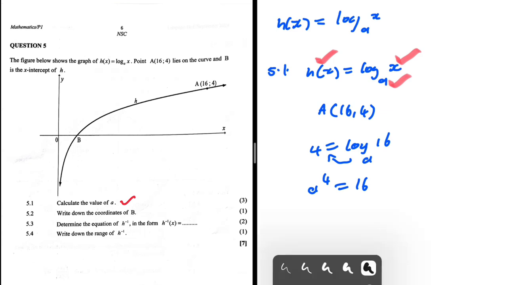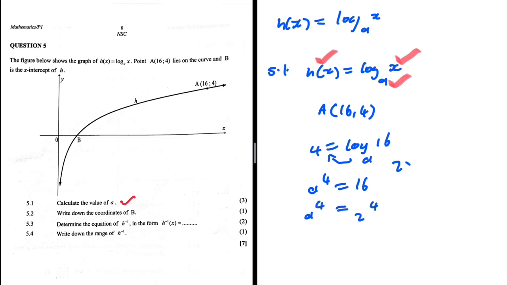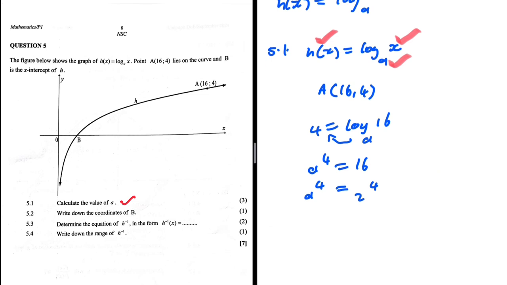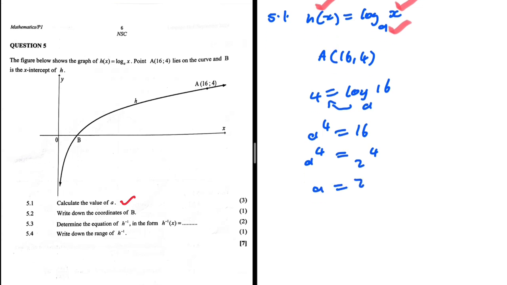How can we possibly do that? a to the power 4 is equal to 2 to the power 4. 2 by 2 is 4, 2 by 2 is 4, and 4 by 4 is 16. So that is okay, no wrongdoing there. So when we drop the exponents, we end up with a being equal to 2. So there we go, that is our answer.